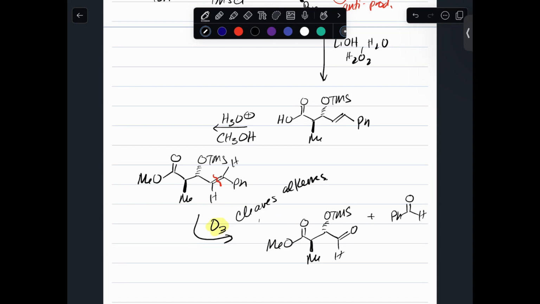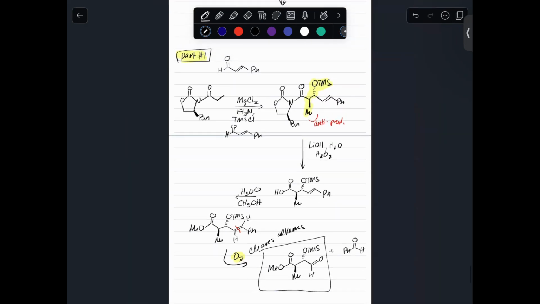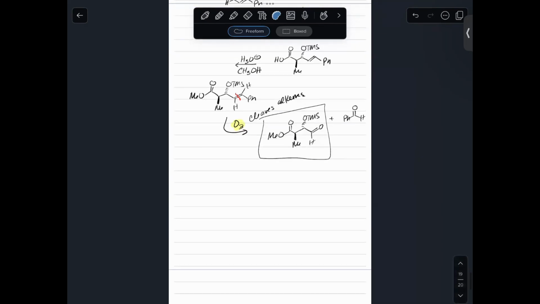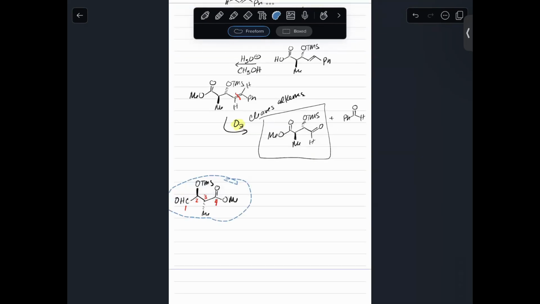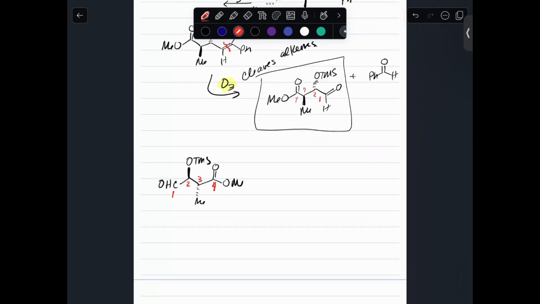And this is our final product. Let me try to copy and paste our target structure so that you can see that it's actually our target. Now, the only difference is, of course, that our aldehyde, in this case, is on the right side. And in this case, down here, it's on the left side.